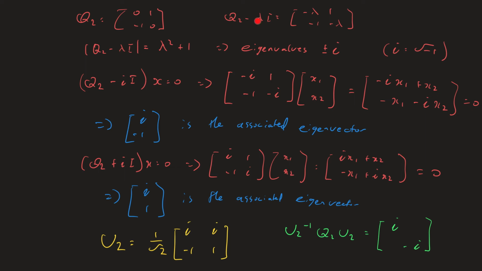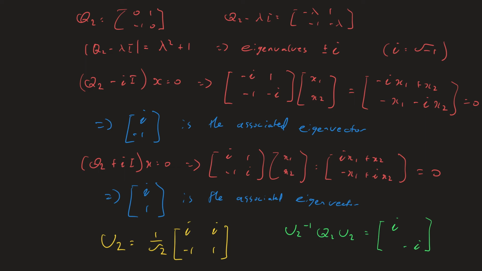So Q2 minus lambda I is just the matrix Q2 where we add negative lambda to all the diagonal terms. So we have negative lambda, 1, negative 1, negative lambda. We take the determinant. For a 2 by 2 matrix, the determinant is the product of these 2 elements minus the product of these 2 elements.